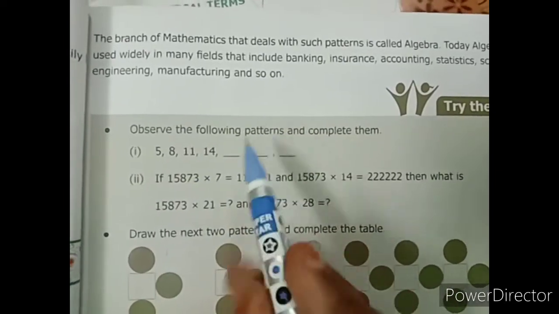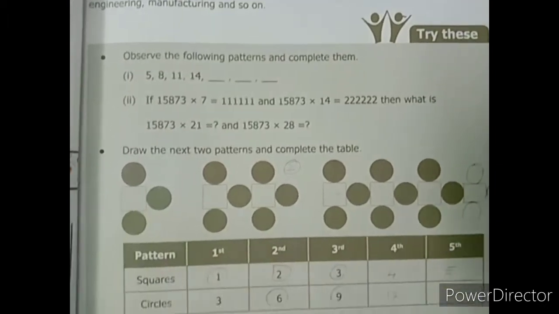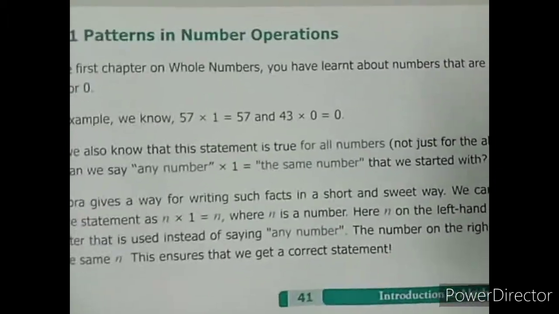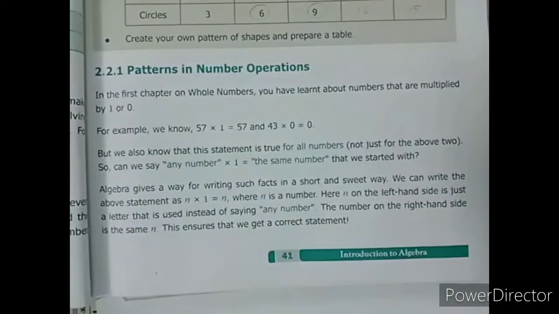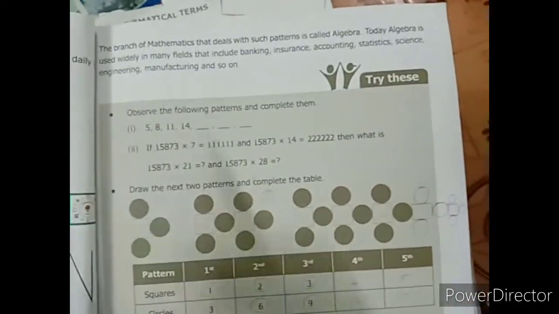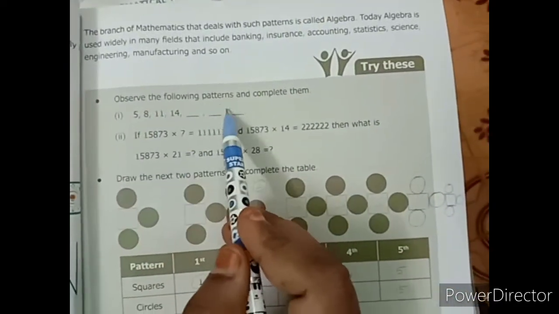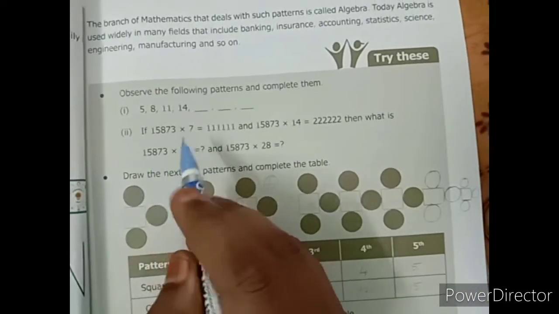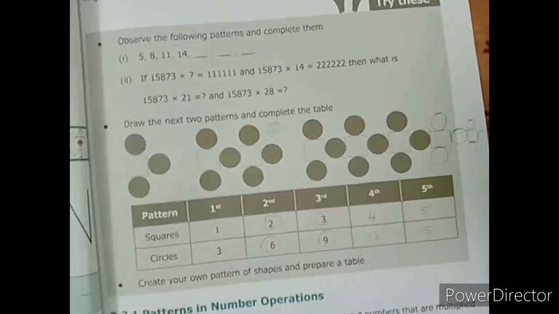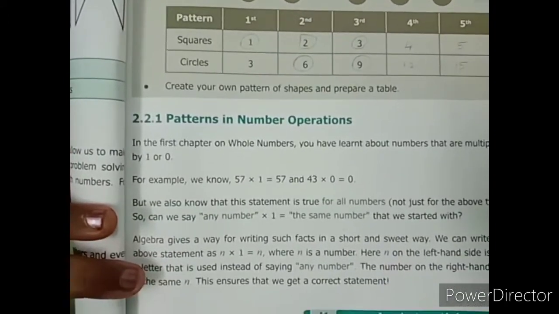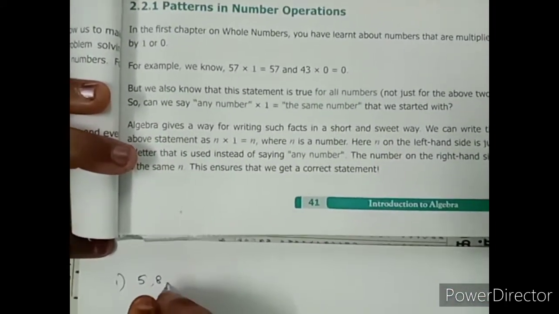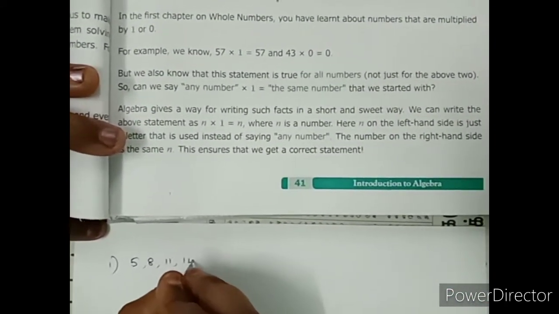We'll just go with the try these sums, which is on page number 41. So page number 41, I'm just going to try these sums. Observe the following pattern and complete them. What is the first question given? 5, 8, 11, 14.